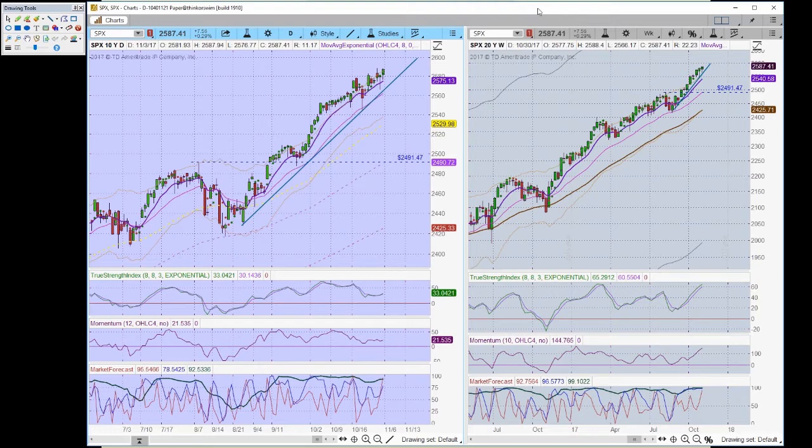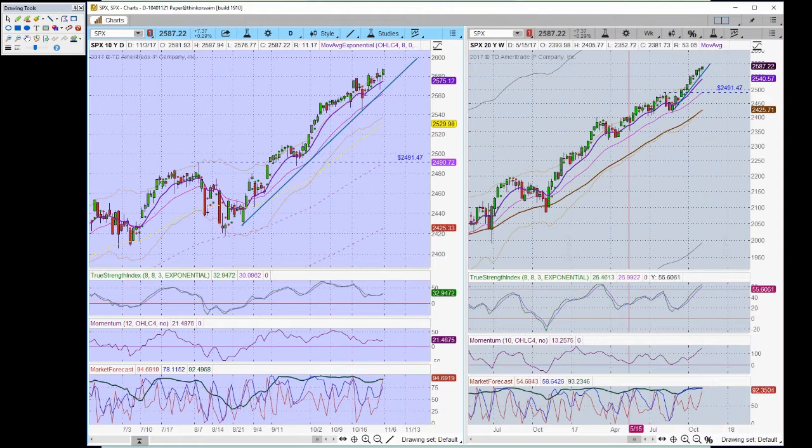Will it continue through the winter or the Christmas boost that we normally get? We'll see. Right now, the essence is, trade the pullbacks, and that's basically all we can do until they stop working.